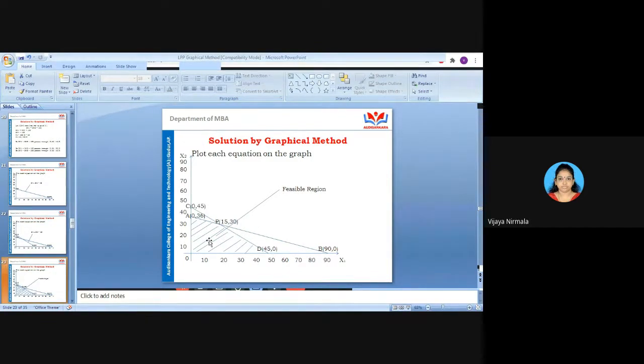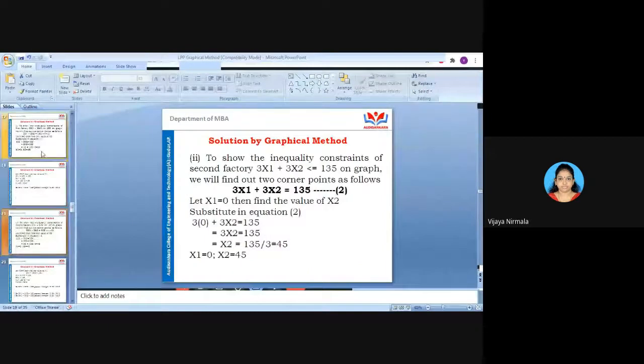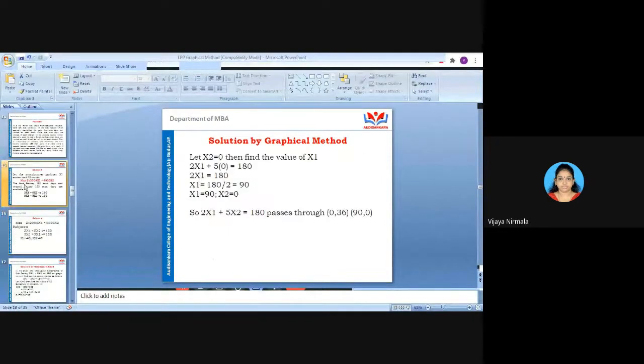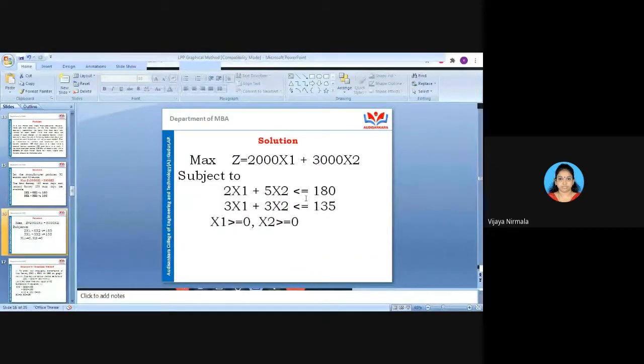How do you shade this feasible region? One thing to remember, when you are writing this equation, wait, I'll tell you. See here, if it is less than or equal to, you need to shade below. Is this also less than or equal to, right? You need to shade below here.